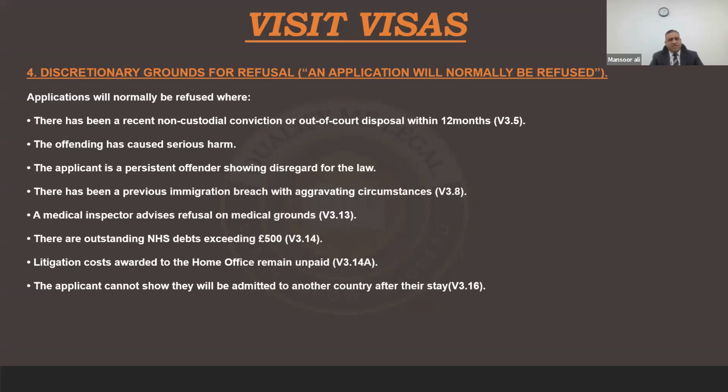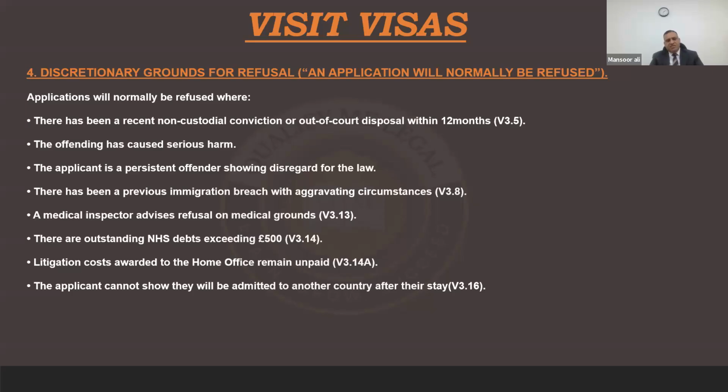Thereafter, A went into litigation and filed a judicial review against the Home Office. So there was a reverse cost order against A, and he did not pay that cost. It is called litigation cost. As in the UK, we have a reverse cost system, and the losing party is responsible for the cost of the winning party.